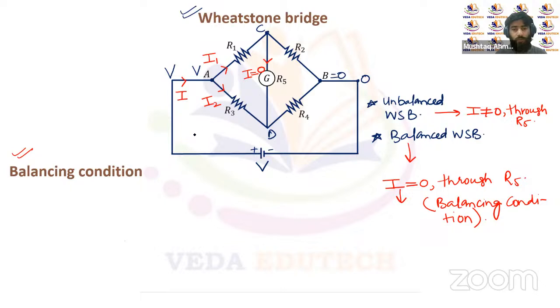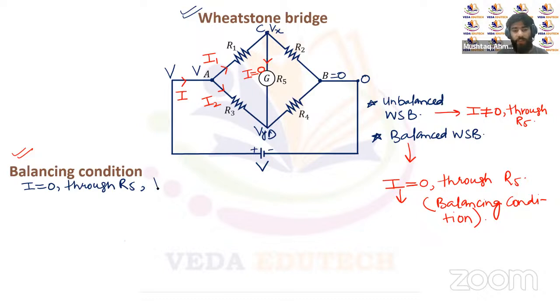Now let's suppose at point C the potential is Vx, and at point D the potential is Vy. For the current through R5 to be zero, I equal to 0 through R5, it's only possible in the balanced condition, and then the potential difference across C and D should be equal to 0.